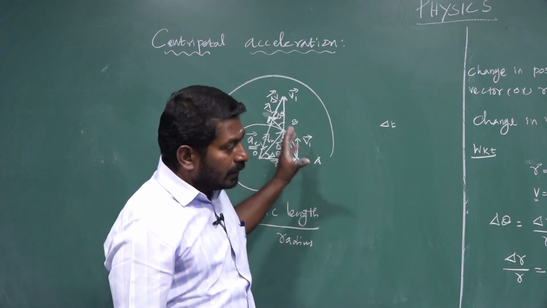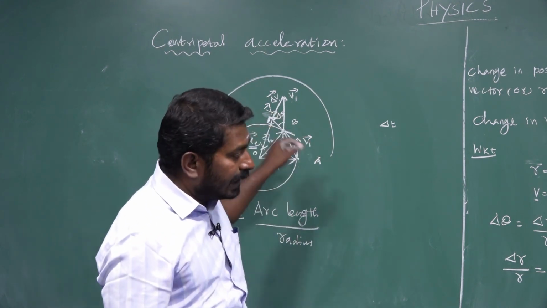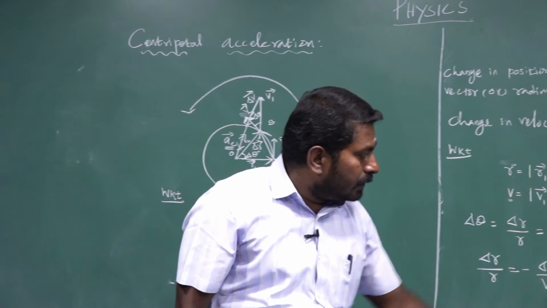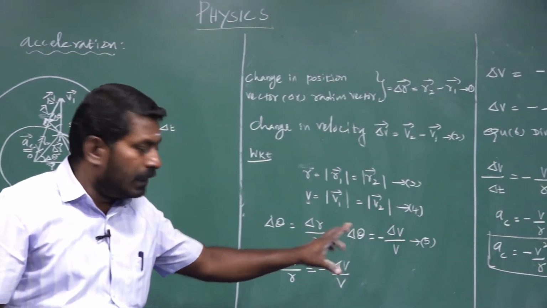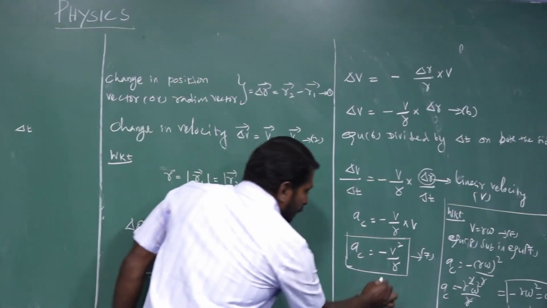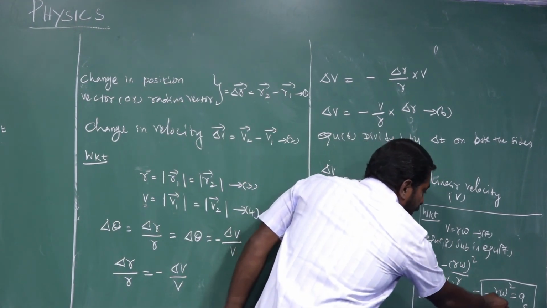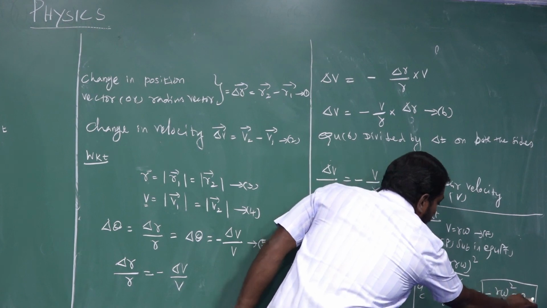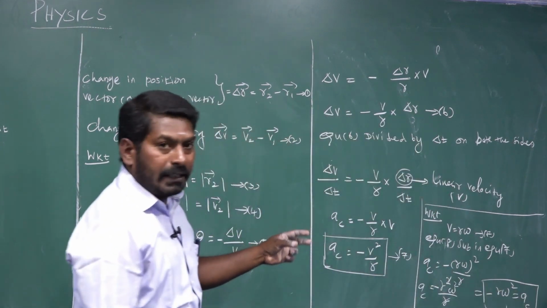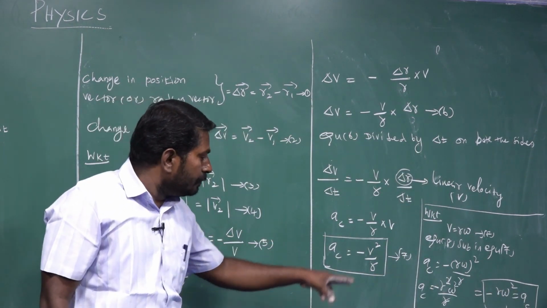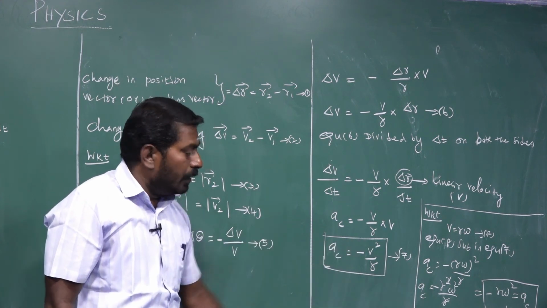In a uniform circular motion, the centripetal acceleration experienced by a point object is AC equal to minus v squared divided by r. Another equation, in terms of angular speed, is AC equal to minus r omega square.